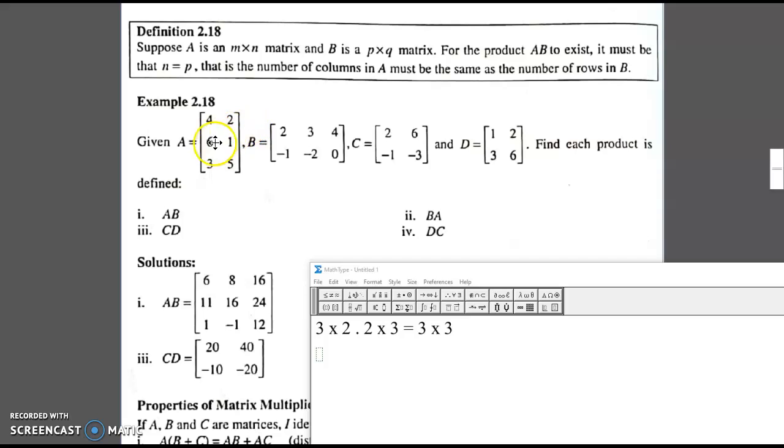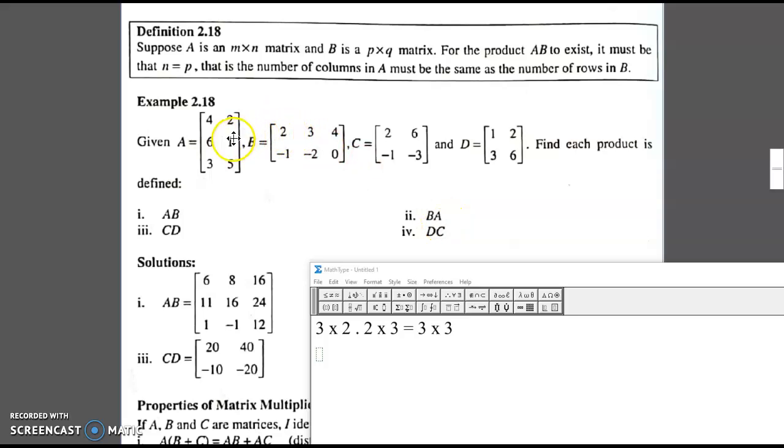the operation is the same. Multiply each row with the same column to get these columns. This is how you multiply. And as we checked before, 3 by 2 times 2 by 3, you'll get 3 by 3, right? As for the next one, let's check BA.